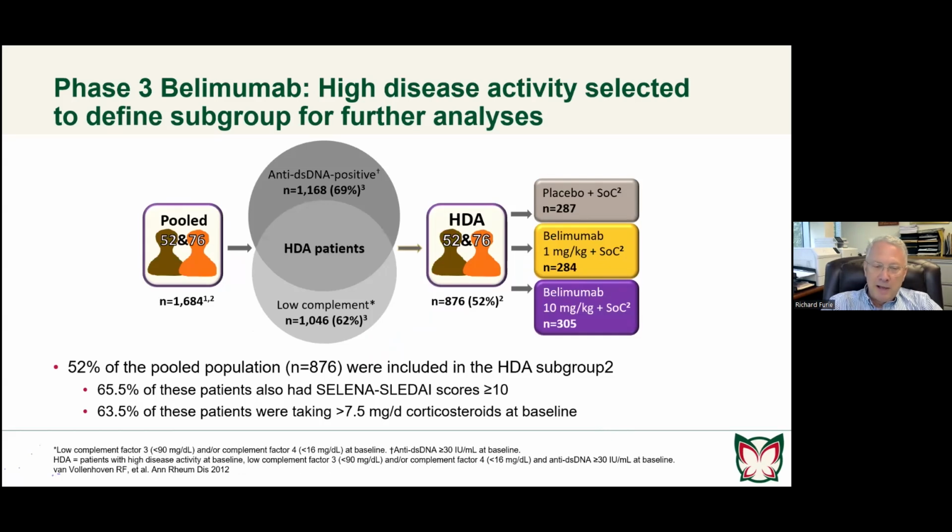There was a multivariate analysis, and then the results of that analysis were transformed into items that we do every day on our patients, namely check serologies. So if one looked at those who were DNA antibody positive at baseline in the BLISS studies and those also who had low complement, that constituted a high disease activity patient. And I'll just show you data of how these high disease activity patients performed in the study. And the high disease activity group represented about 50% of the original cohort.